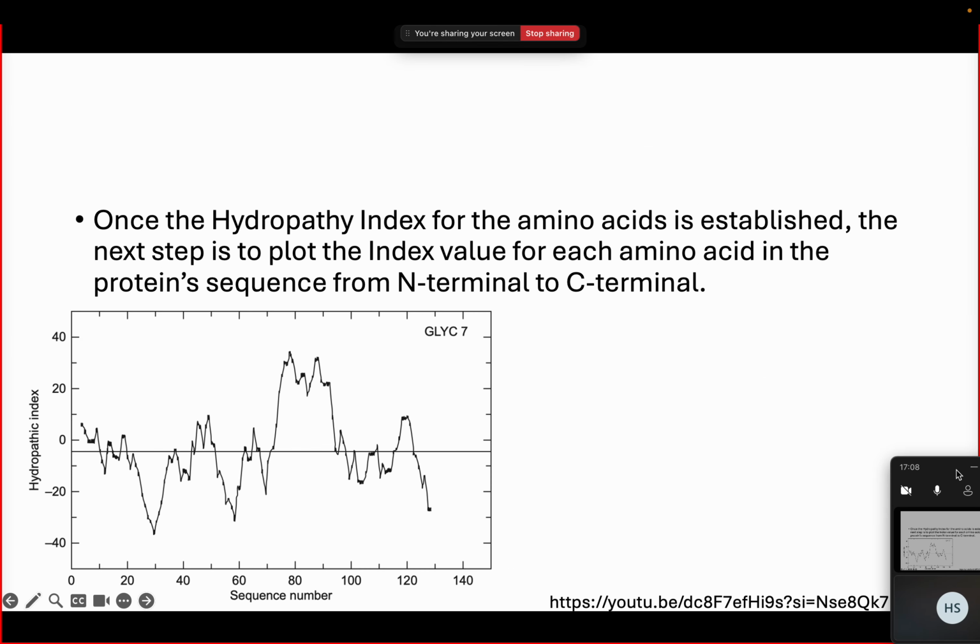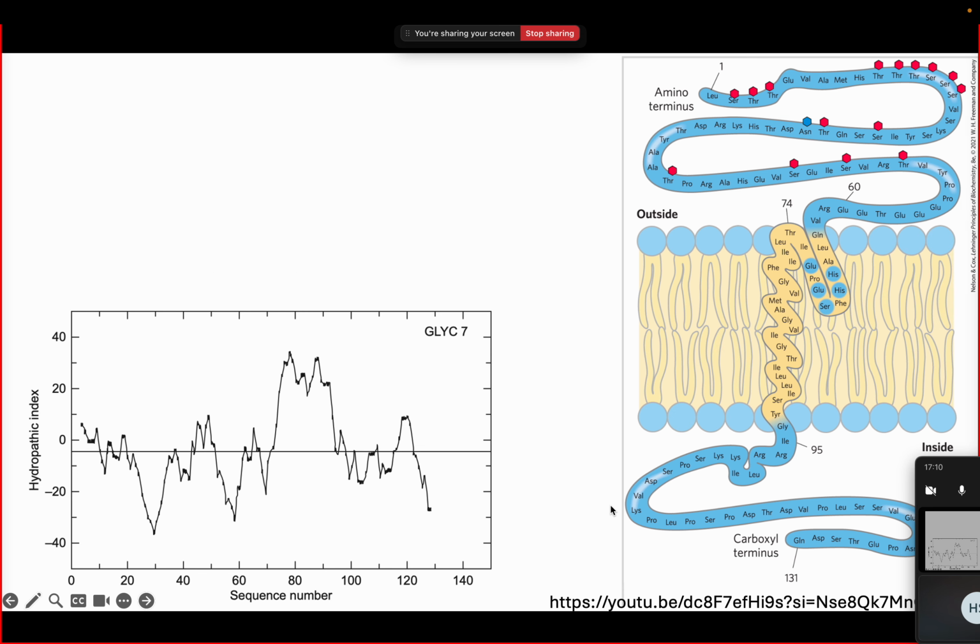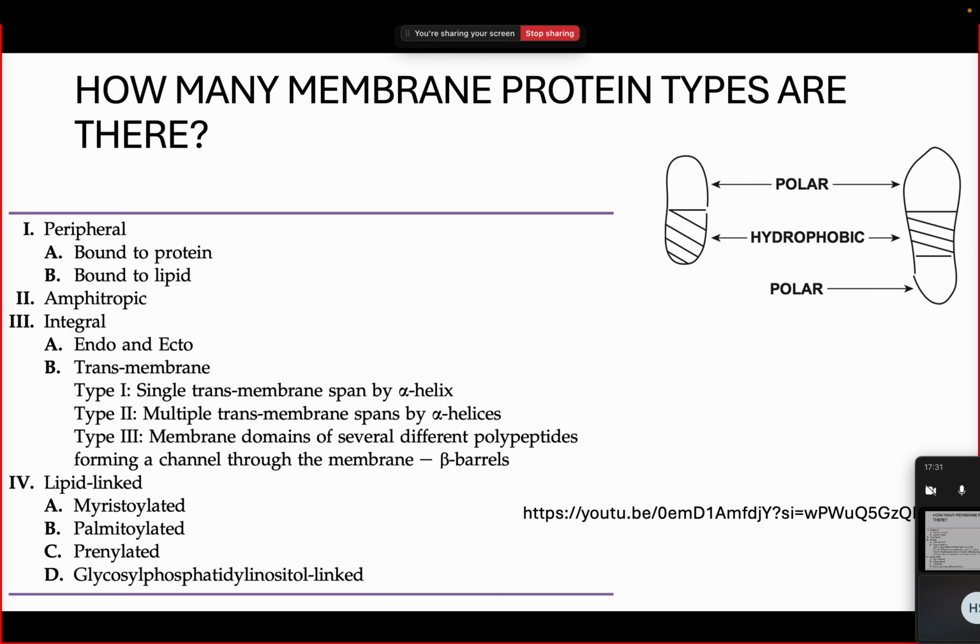Correct? And it is true only for membrane proteins, because in membrane proteins a section of the protein needs to pass through the membrane, which is highly hydrophobic. So for the hydrophobic region to accommodate proteins, the amino acids in that particular region should follow the hydropathy profile, or say hydrophobicity. Correct?